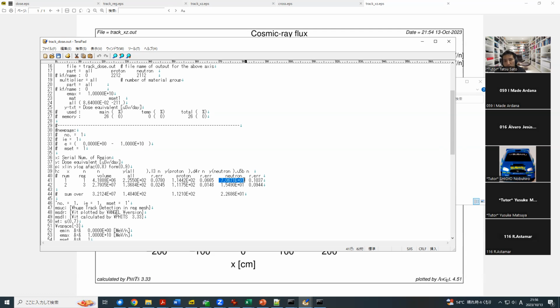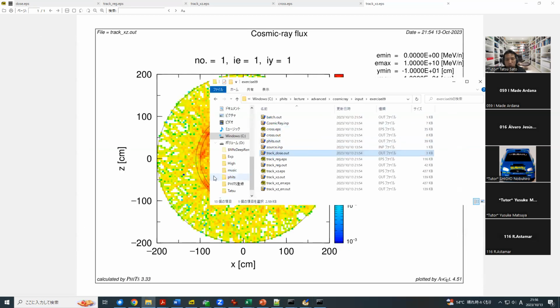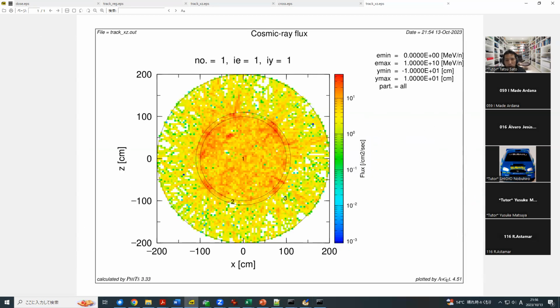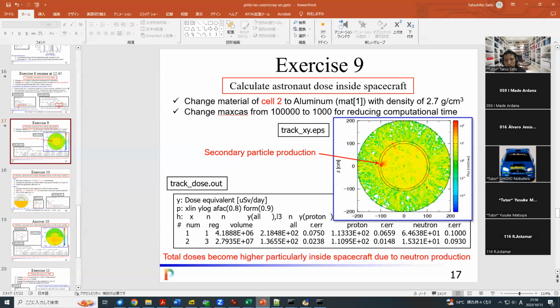A small amount of material simply increases the dose. But of course, if you consider heavier particles, the situation is slightly different. So it's not always an increase of this level, but anyway, a slight shield increases the dose of astronauts. So that must be a very important point.